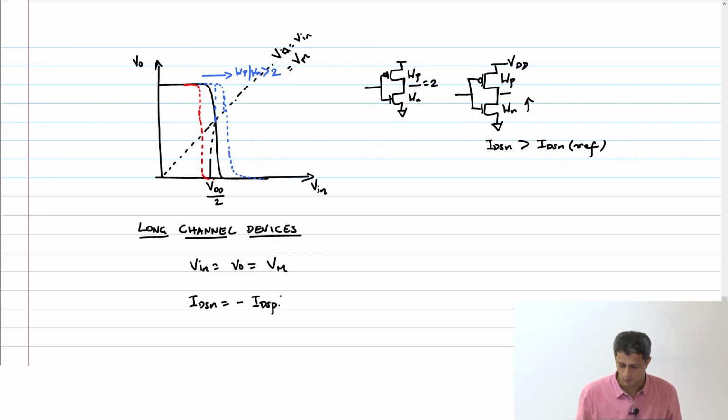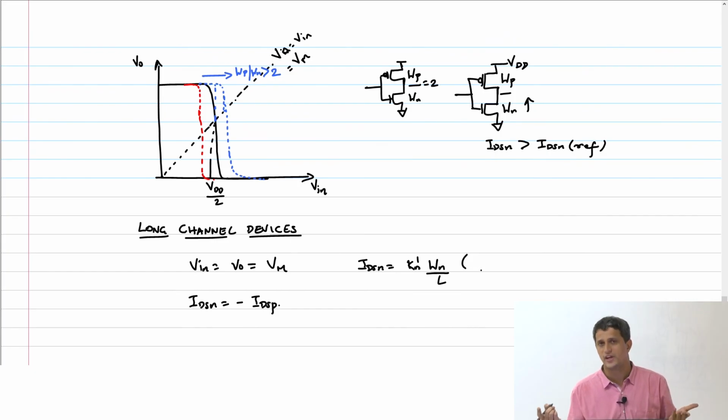Okay. What is my long channel saturation current now? IDSN is half Kn prime Wn by L into Vm minus Vtn the whole square.